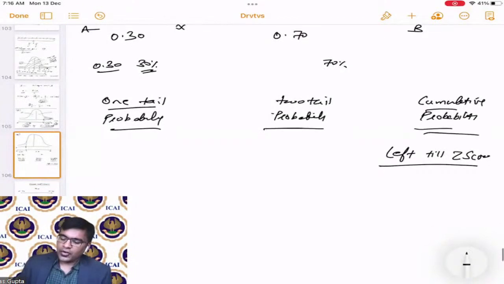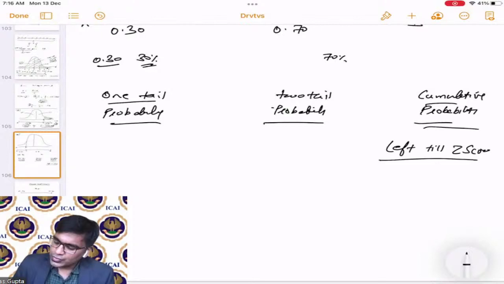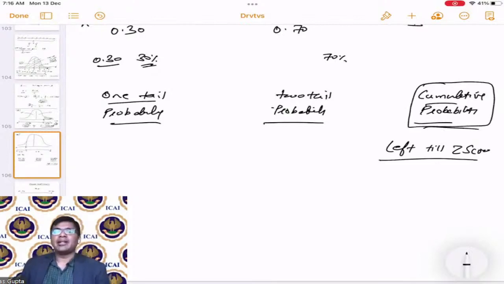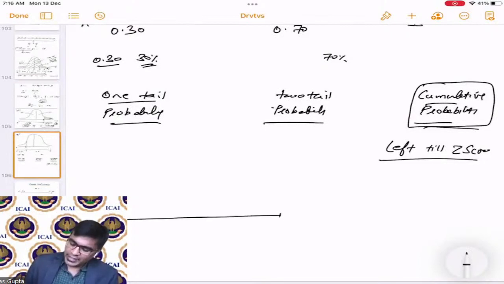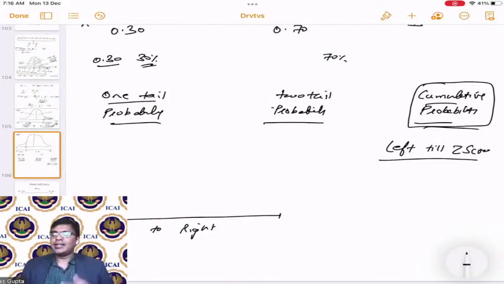See, for our calculation in the Black-Scholes model, we always use the cumulative probability. Why? Because cumulative probability is from left to right. This is needed because we need the total from left till right, which gives us the total probability for that event to happen, which can be used as the N(d1) and N(d2) values always.